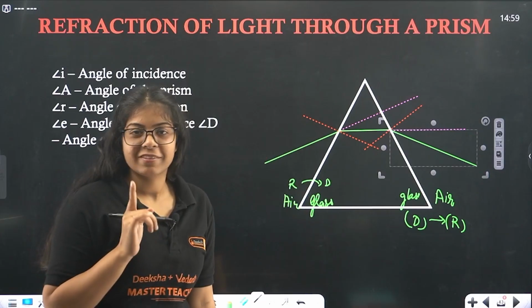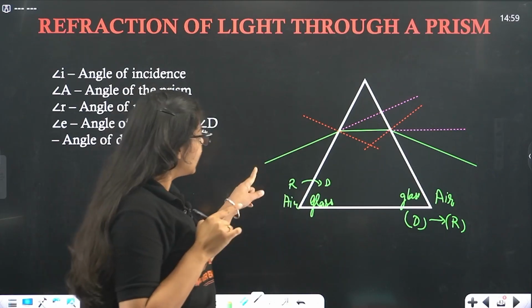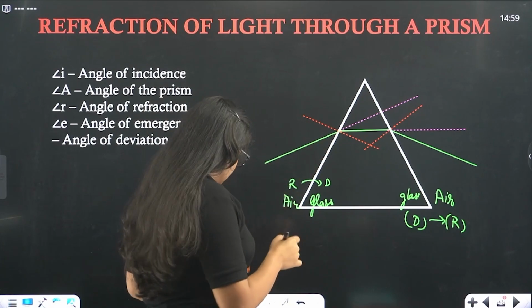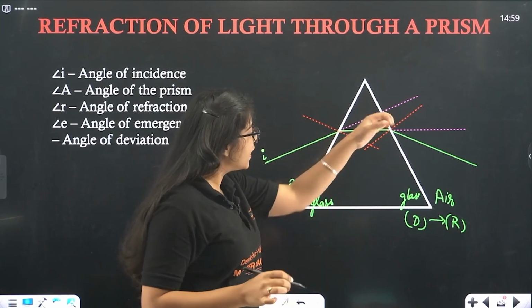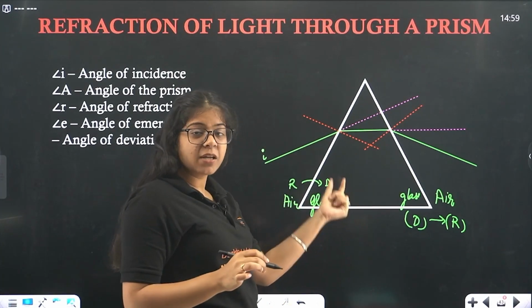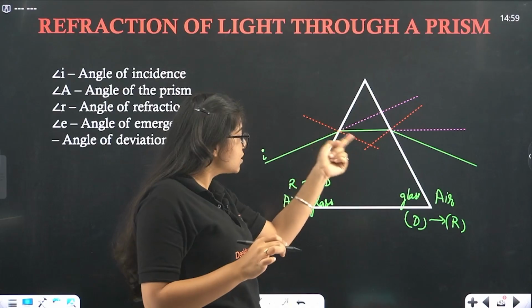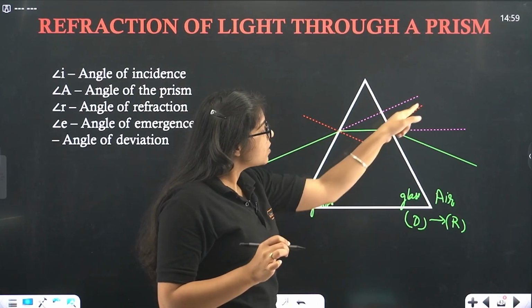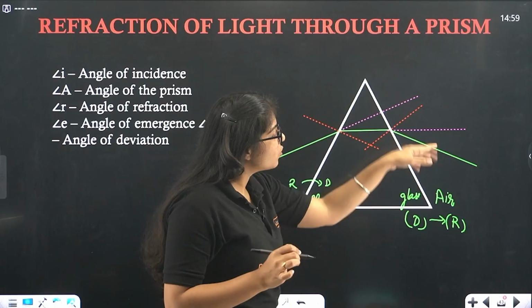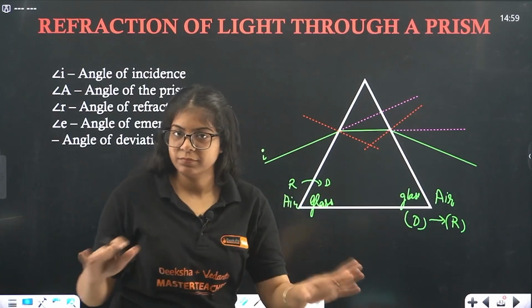Understood? Very simple. An incident ray came. Instead of going straight, it is going from rarer to denser, so it will bend towards the normal. This is the normal. Going here, it bent towards the normal. It is going from denser to rarer, away from the normal. Very easy.